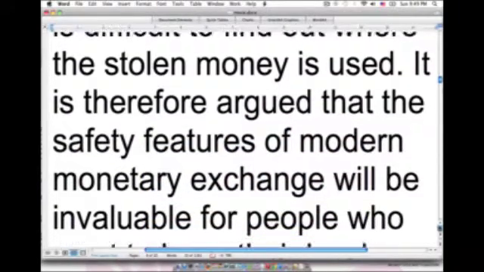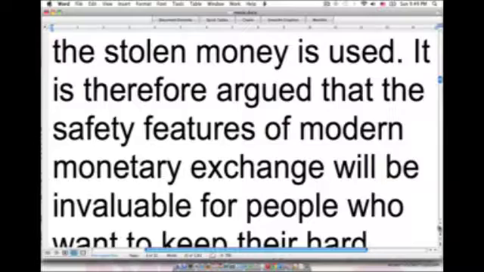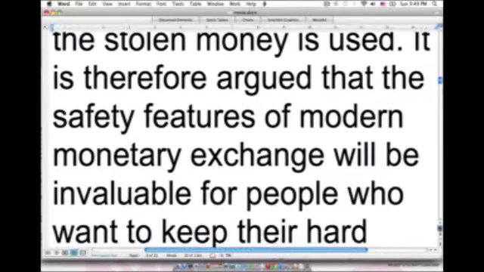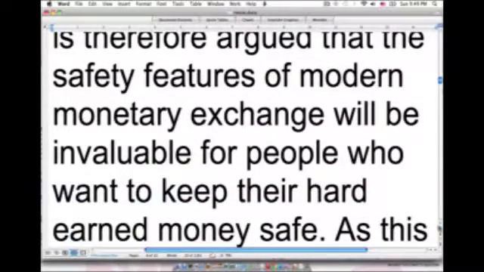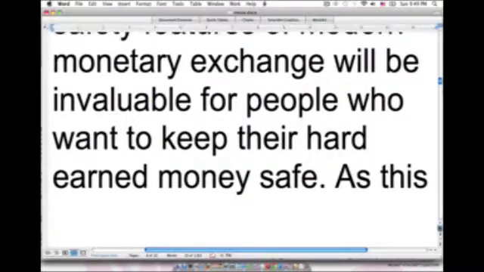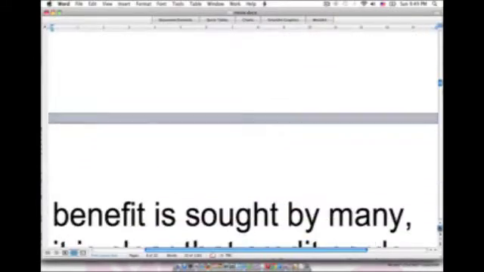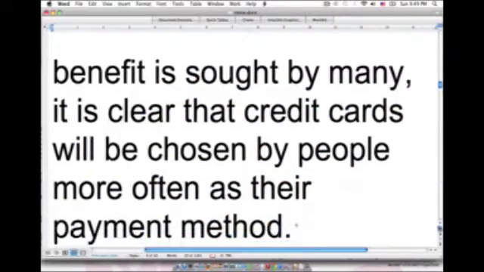It is therefore argued that the safety features of modern monetary exchange will be invaluable for people who want to keep their hard-earned money safe. As this benefit is sought by many, it is clear that credit cards will be chosen by people more often as their payment method.